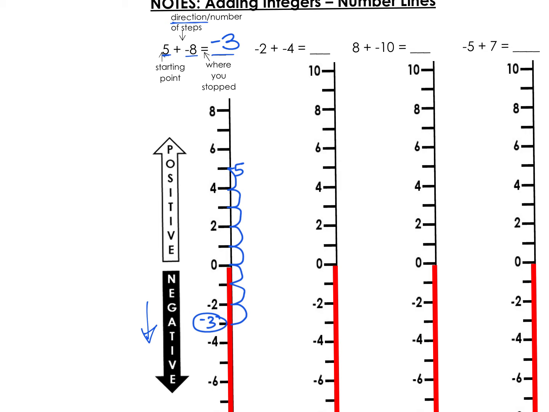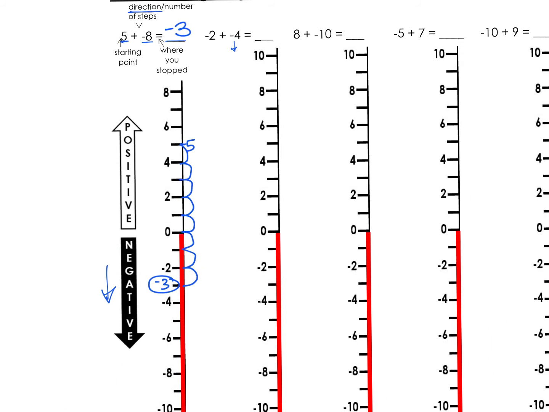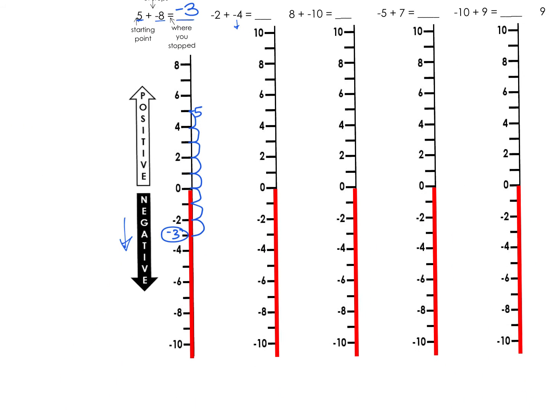Okay, next one. Our problem says negative 2 plus negative 4. So we're going to start at negative 2, and then we're going to go 4 steps in the negative direction. So we're going down. So we're going to start at negative 2 on our number line, starting here, and we're going to go 4 steps in the negative direction. 1, 2, 3, 4.